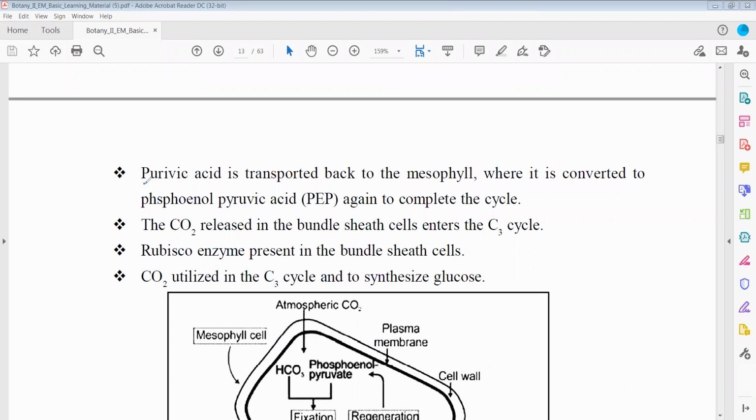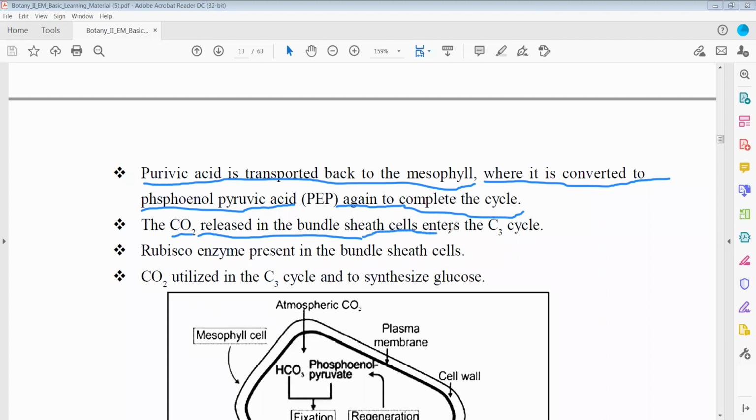Pyruvic acid is transported back to the mesophyll, where it is converted to phosphoenol pyruvic acid again to complete the cycle. Whereas carbon dioxide released in the bundle sheath cells enters the C3 cycle, and in the C3 cycle, glucose is formed.